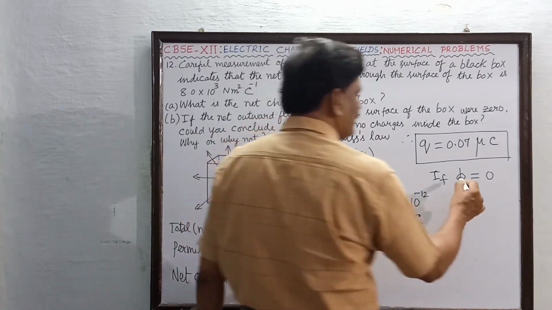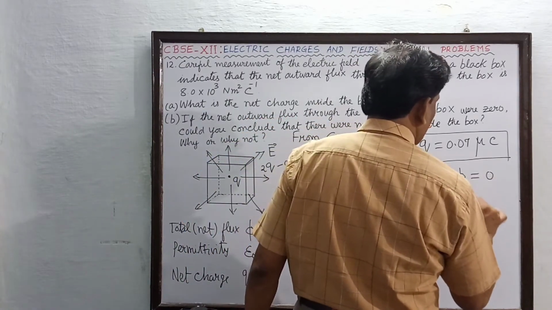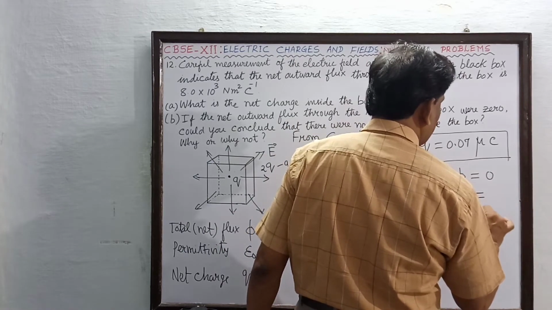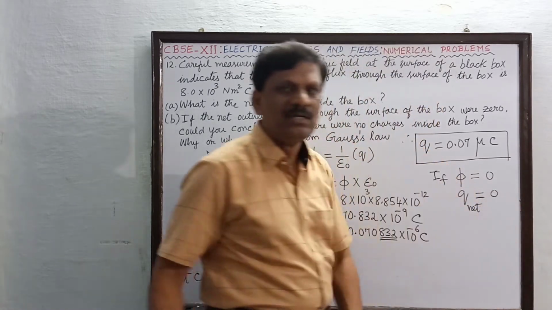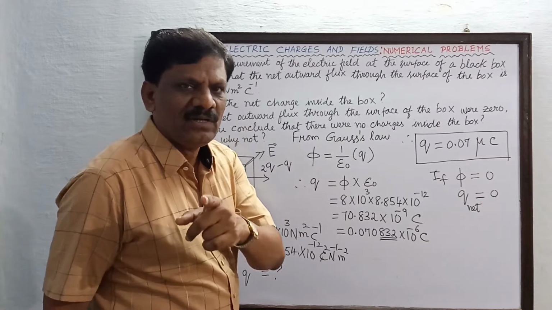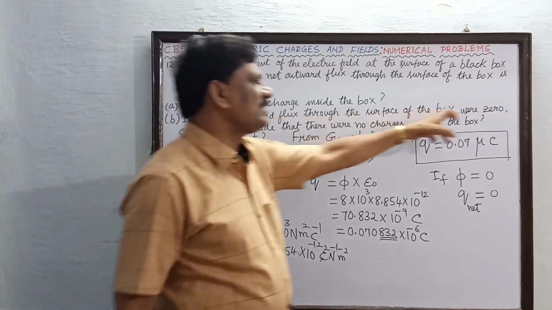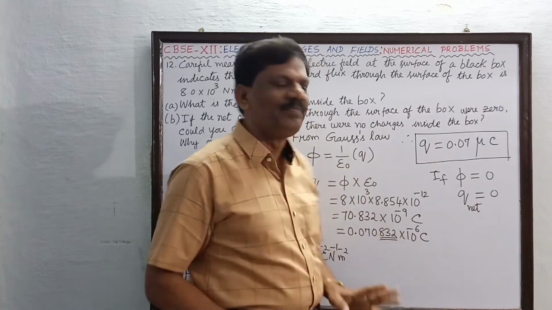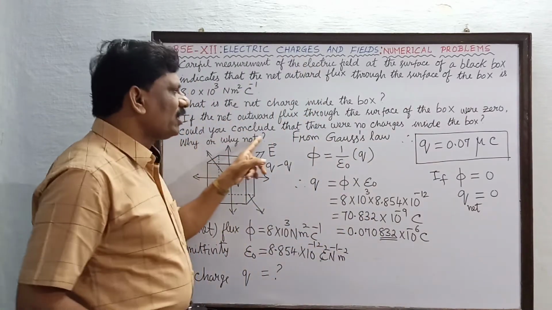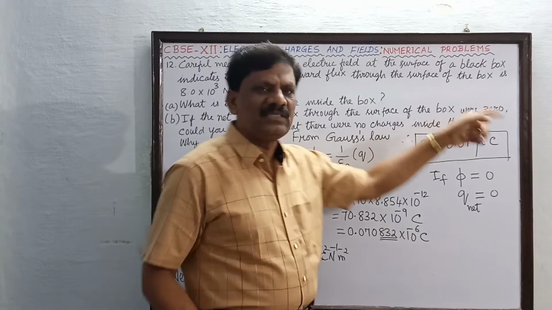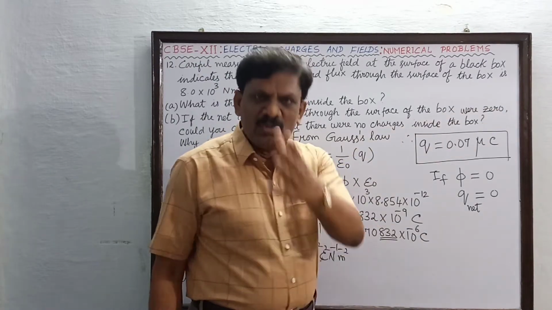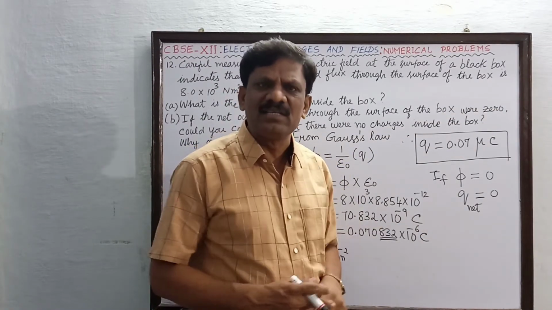So if flux phi is equal to 0, the net charge also must be equal to 0. Have you understood? Okay, I will read once again. If the net outward flux through the surface of the box were 0, could you conclude that there were no charges in the box? Do you mean that there is no charge inside this box?